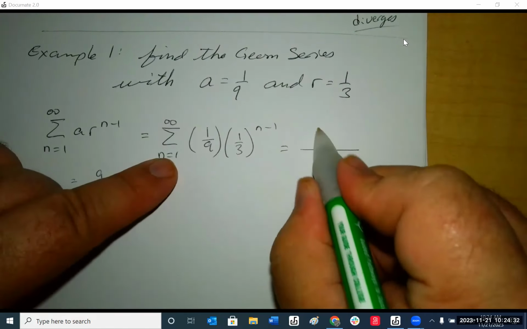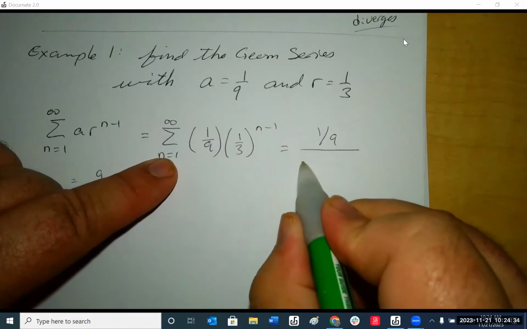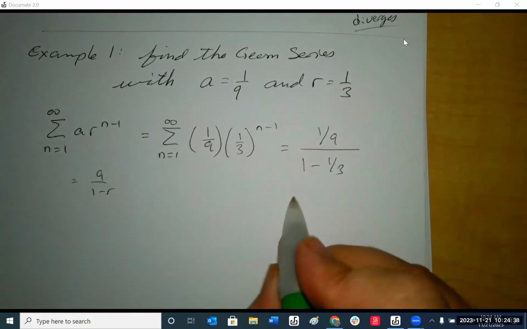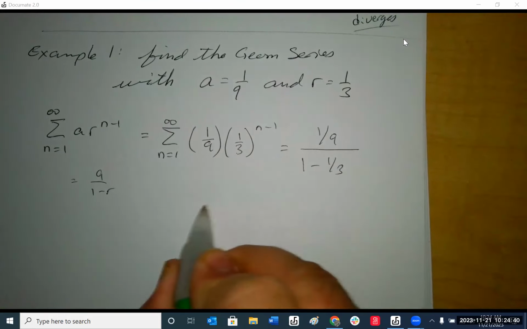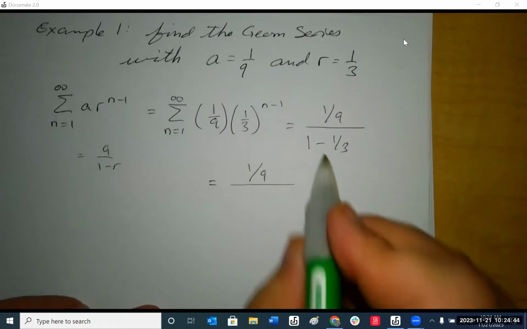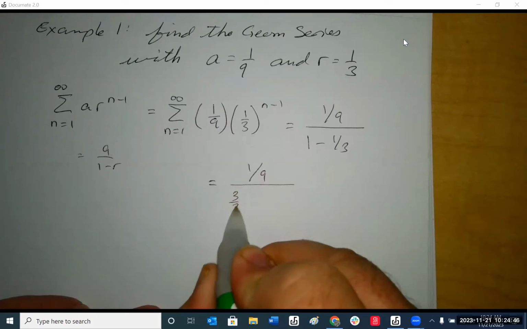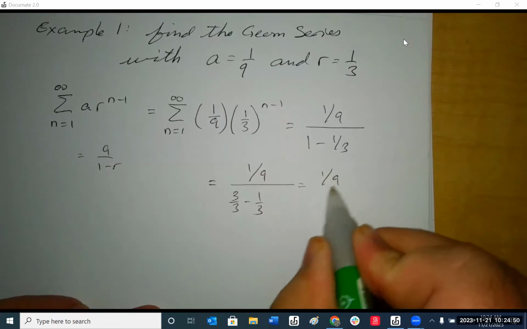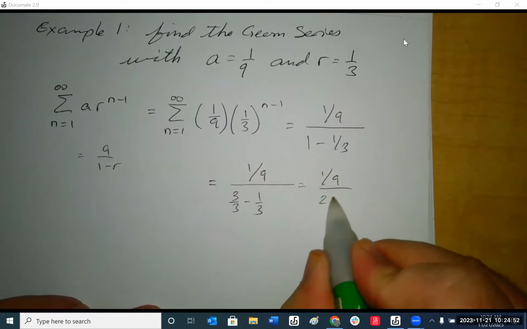So A is 1/9. 1 minus R is 3/3 minus 1/3, which makes it 2/3.